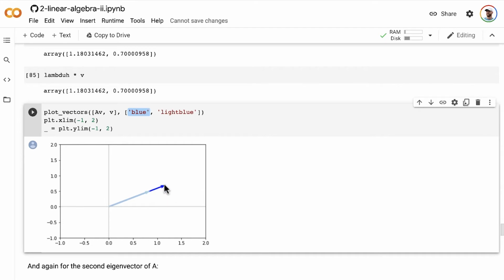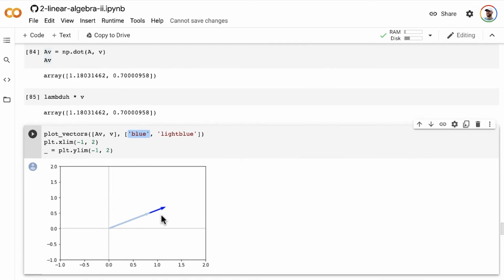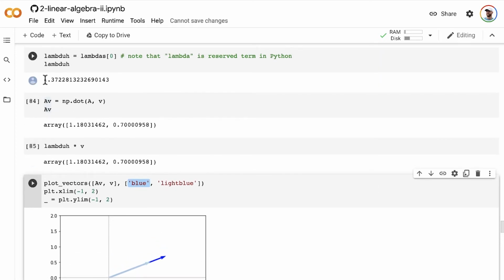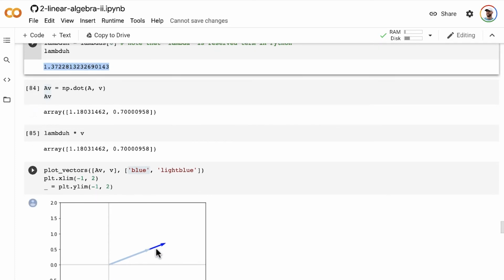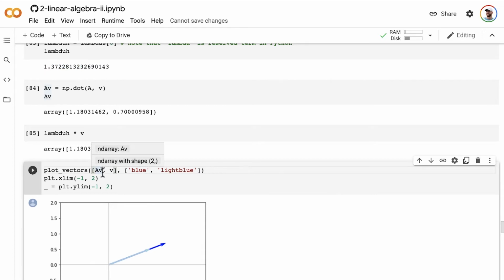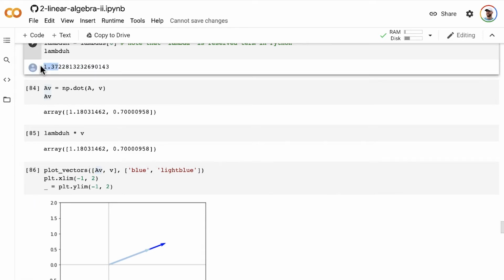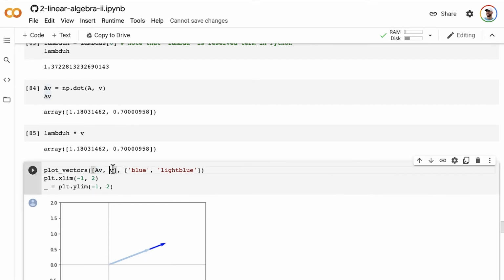It has simply been lengthened somewhat. And the amount that it's been lengthened corresponds exactly to our eigenvalue for the eigenvector. So this blue arrow, the eigenvector after being transformed by A, is 1.37 times the length of the original light blue eigenvector V.